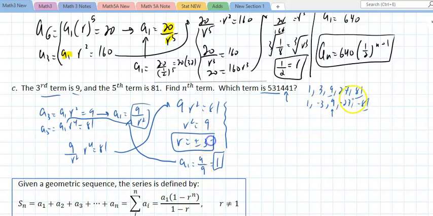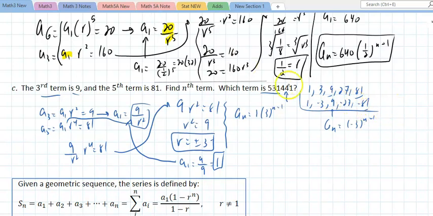So it could be either plus or minus, right? Either way, let's see how this works. If I take the plus term, a sub n is either a sub 1, which is 1, times 3 to the n minus 1, or it is negative 3 raised to the n minus 1.